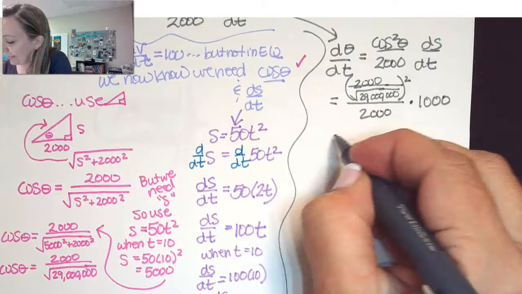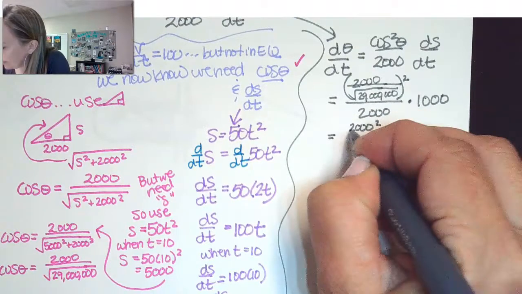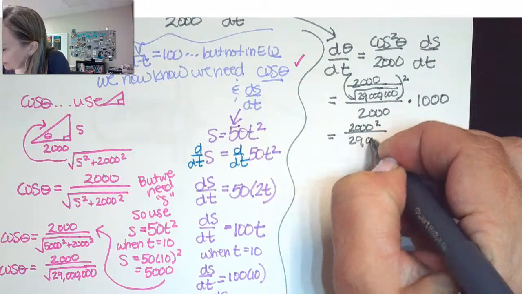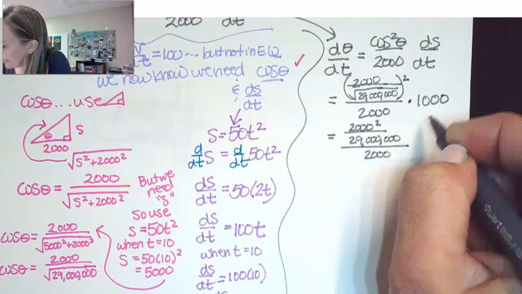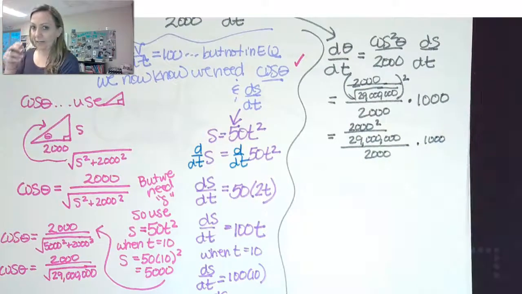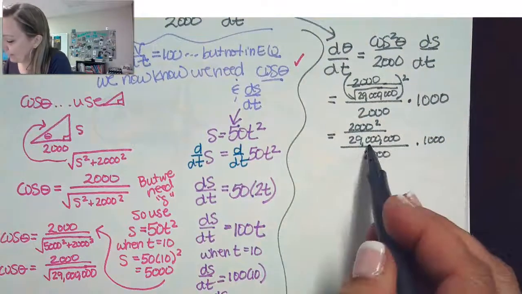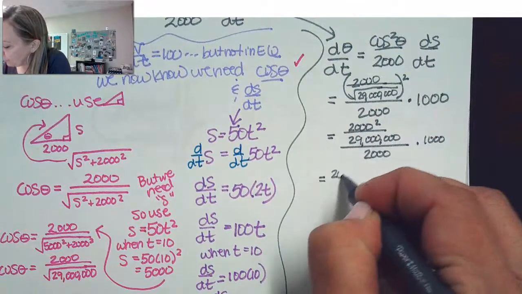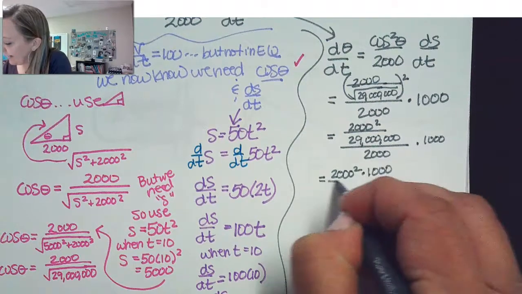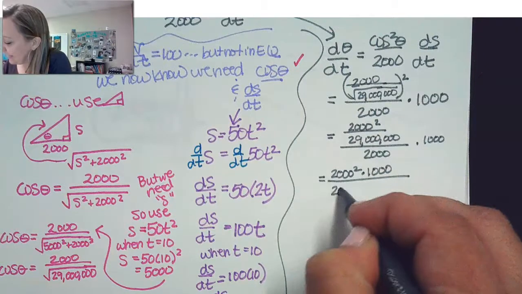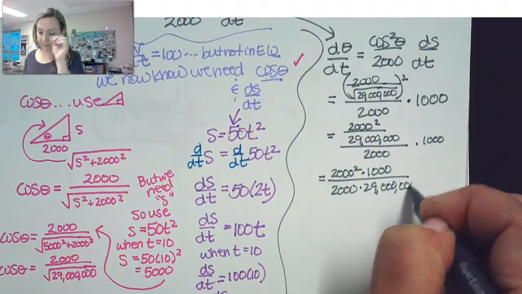Okay. So then we just clean this up. I can square this whole thing. So I have 2,000 squared over 29 million, all over 2,000 times 1,000. I could multiply numerator and denominator by 29 million. So that gives me 2,000 times 1,000 on top, and then 2,000 times the 29 million on the bottom. I'm just doing simplification here.